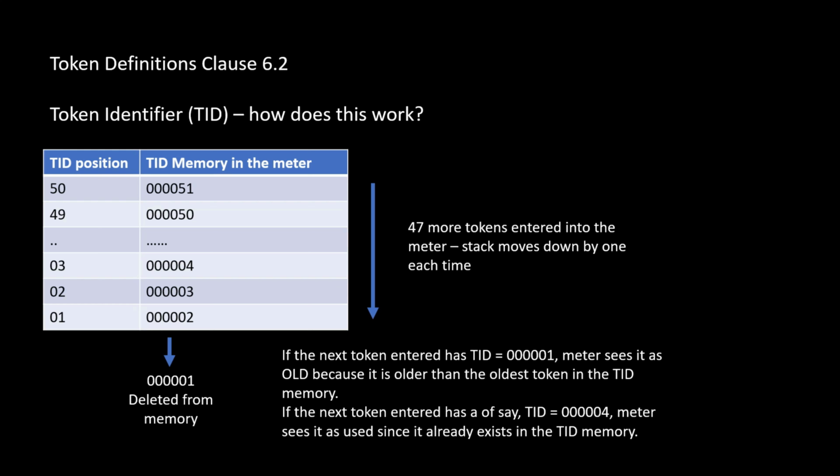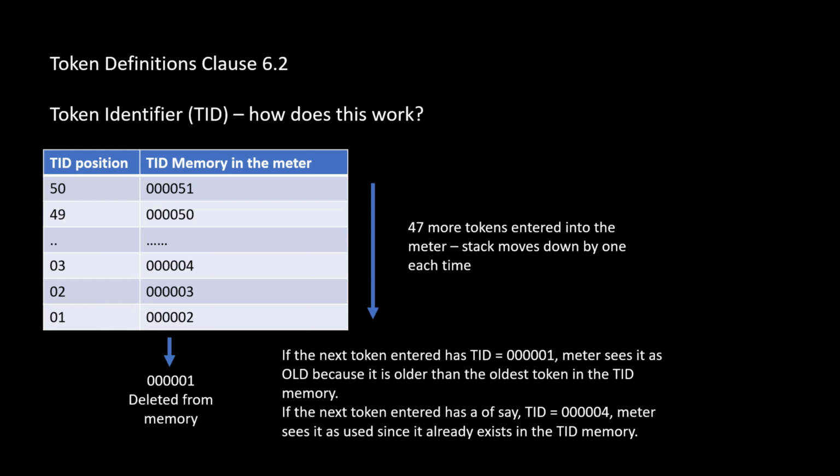So that's essentially how old and used works in the TID memory, and that is a way of effectively deleting tokens once they've been accepted. With a magnetic card, it's easy. You simply erase the magnetic card. You also do this operation, but that is a token cancellation. That happens by erasing the magnetic card and the TID stack.